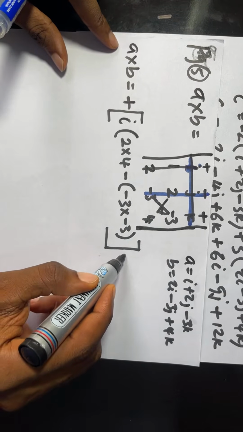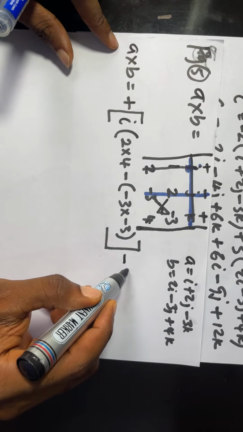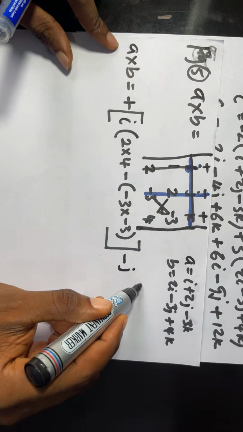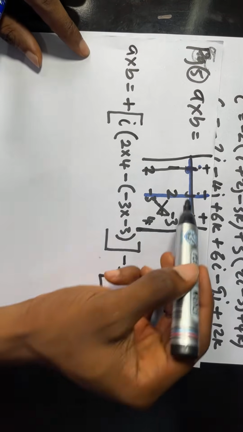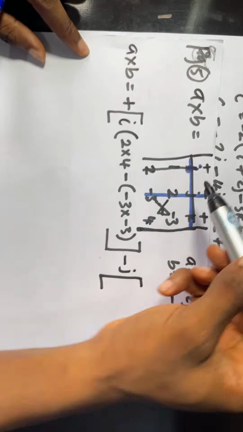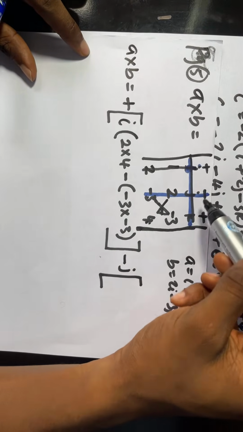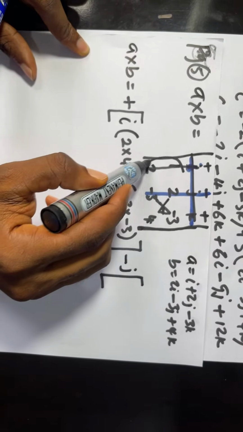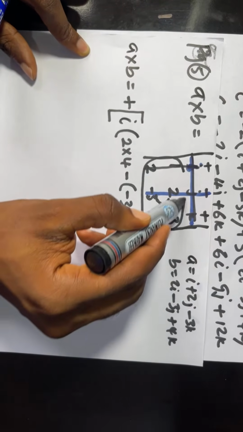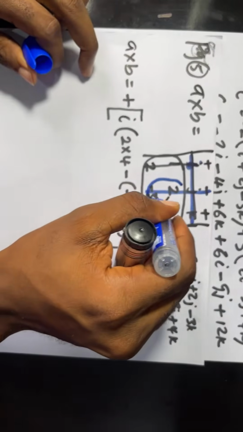We have minus, and we have j. You open a very big bracket. And now, everything we are solving inside here will not touch any of the letters or any of the numbers that are crossed. Now we are dealing with all this here, all this minus the middle number. The middle number is not touched.